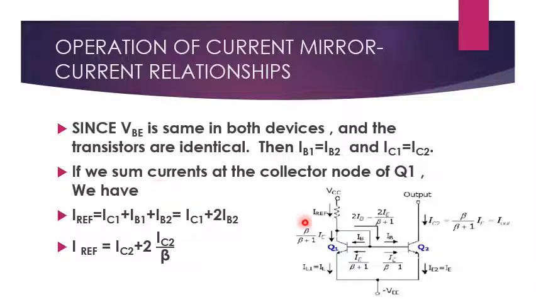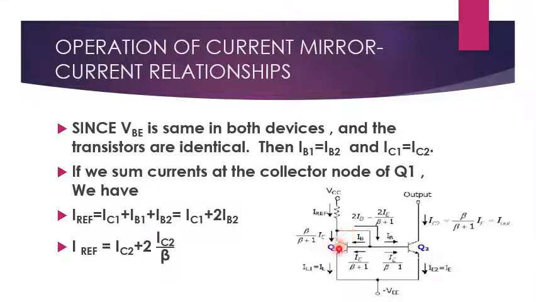Now what we have to do is sum the currents at the collector node of Q1. You just see what the incoming and outgoing currents are, and apply Kirchhoff's current law. So at the collector node of Q1, I reference current is coming towards the node.